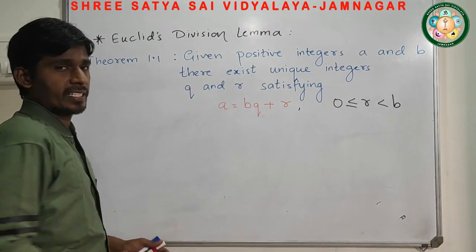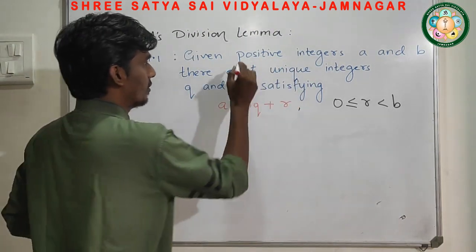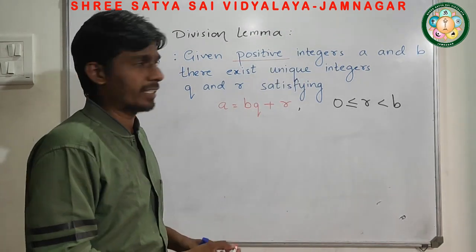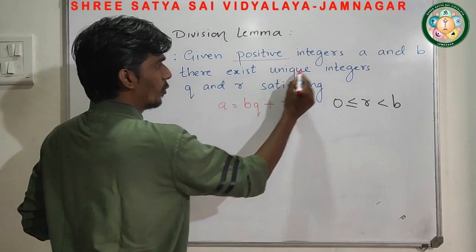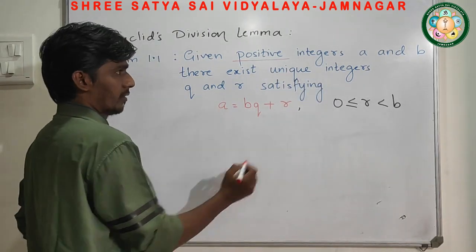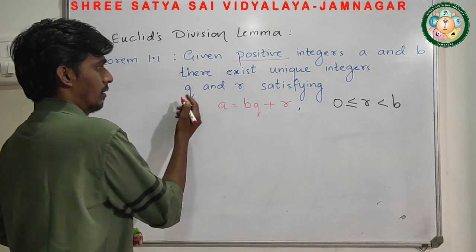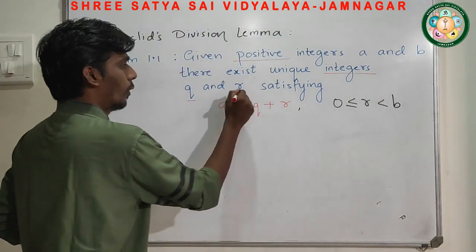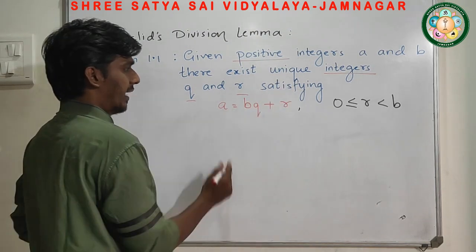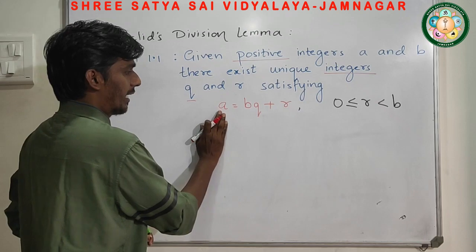So as per the statement, for positive integers, the important part here is that it is for positive integers a and b. There exist unique integers q and r, if we divide a by b, such that a equals bq plus r, where a is what?